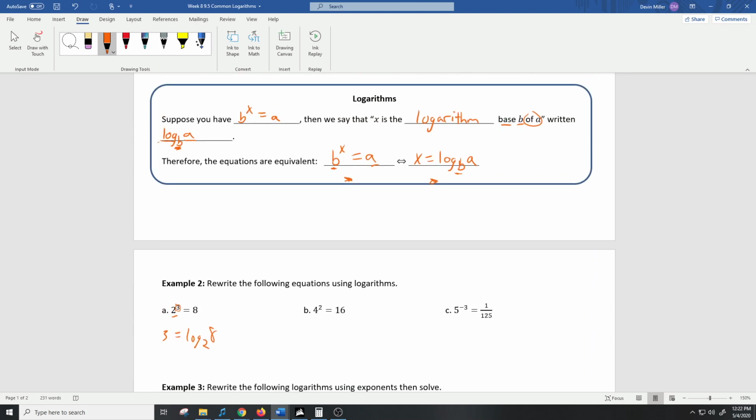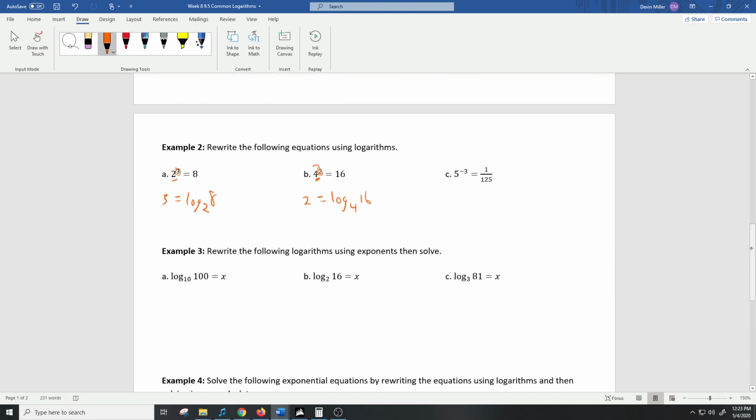Okay, let's try it again. 4 squared equals 16. We start with the exponent here. We can say that 2 equals log, what's the base? That's going to be here, 4, of 16. And the last one here, start with the exponent, -3 equals log, what's the base?